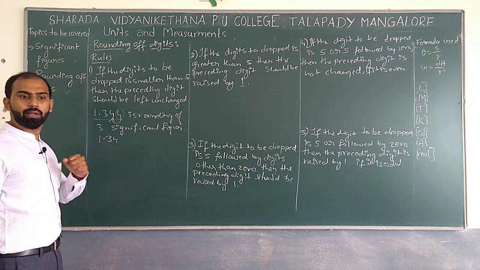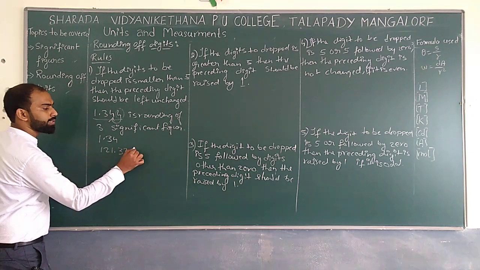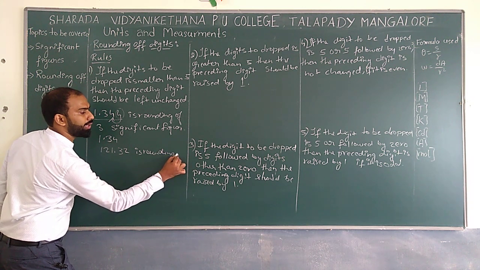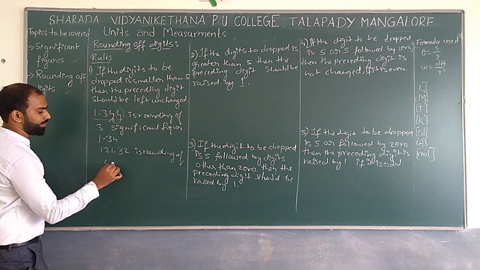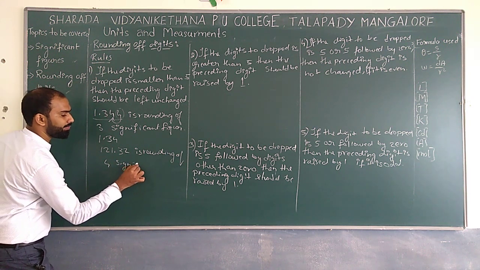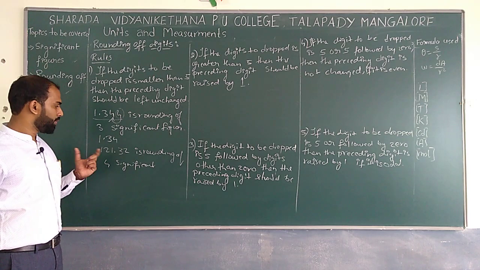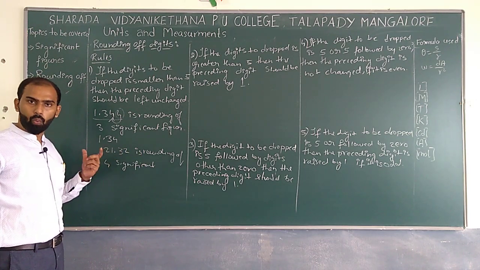So take one more example, that is 121.32, rounding off to 4 significant figures. Okay. So first you check how many significant figures are there in the given value.